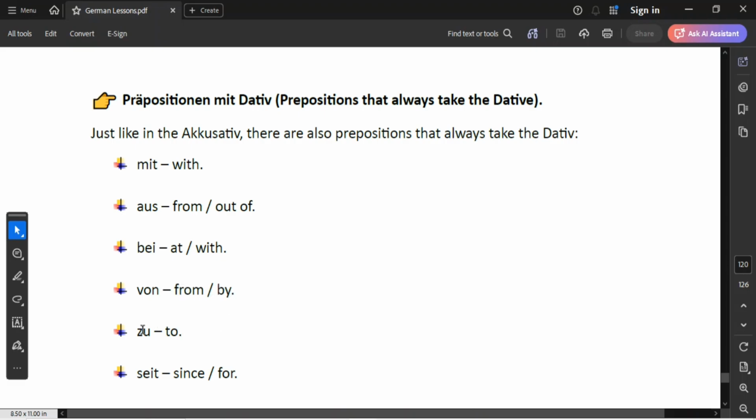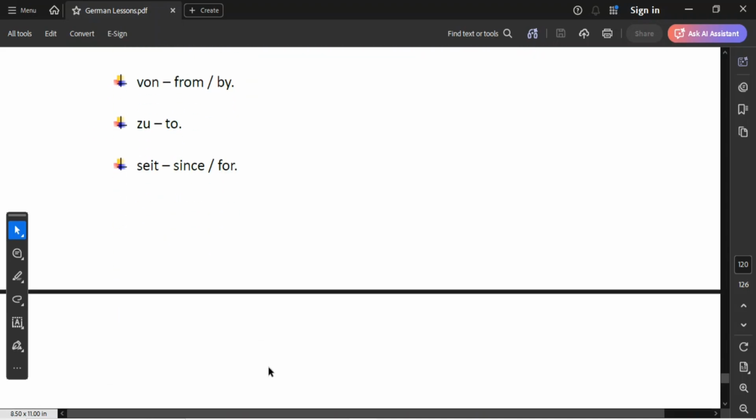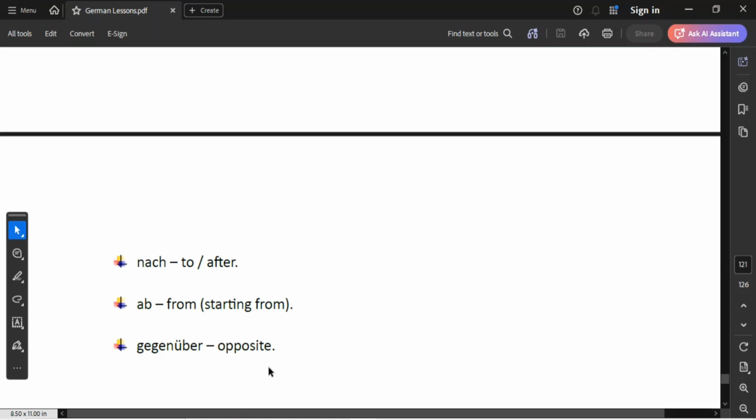We have zu, which means to, seit, which means since or for. Then we have nach, which means to or after. We have ab, which means from a starting point or starting from. We have gegenüber, which means opposite.